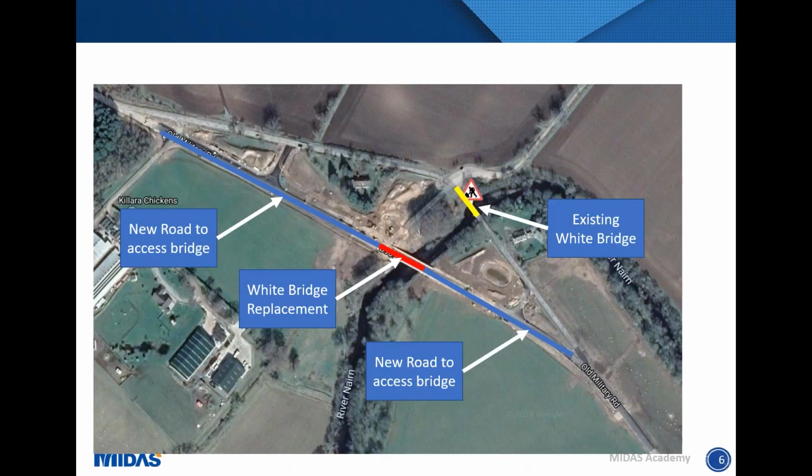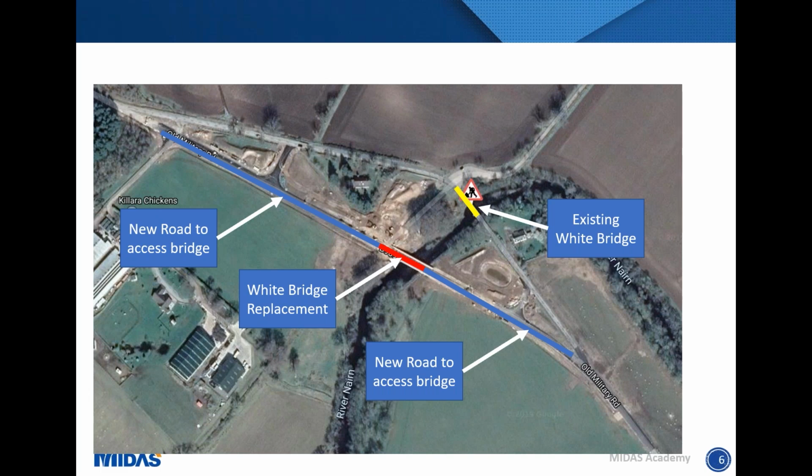So this is an overview of the replacement. Key things to note were that we needed a new 40-meter span to cross over the river. The bridge abutment for this was a bank pad sitting on piles. The structural form was chosen to try and minimize some of the impact of flooding, as well as the road design.